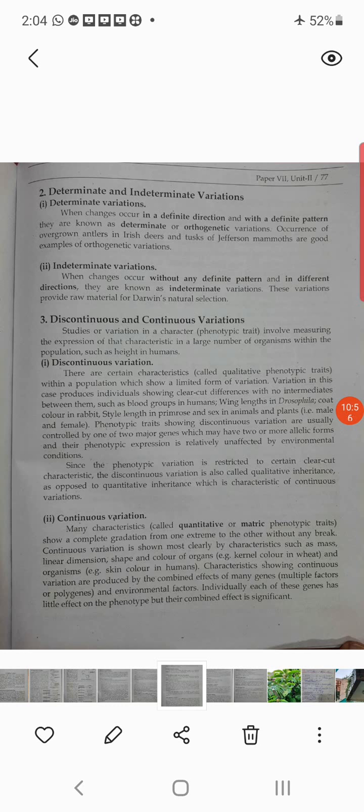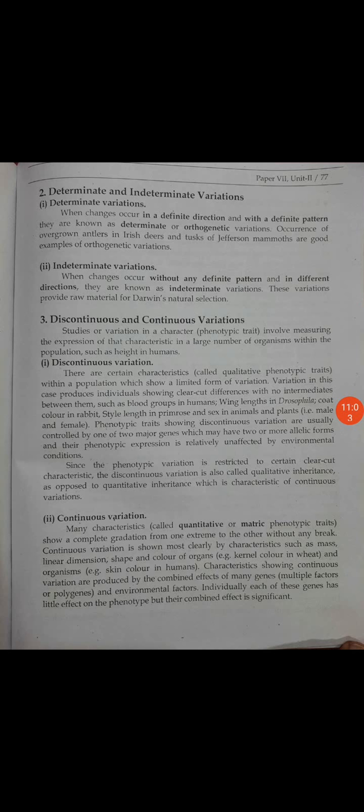So these are discontinuous variation. Keep in mind, only certain characteristics within the population show limited variations. That is the discontinuous.